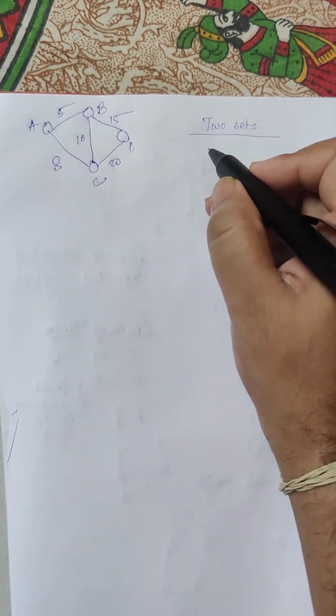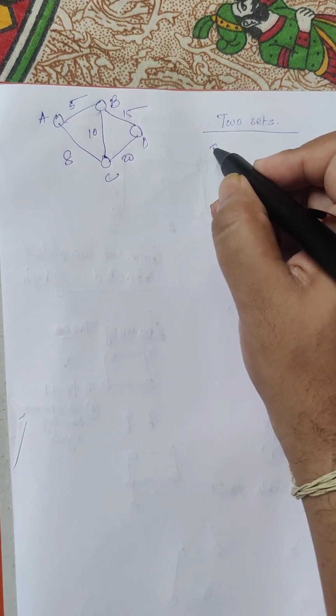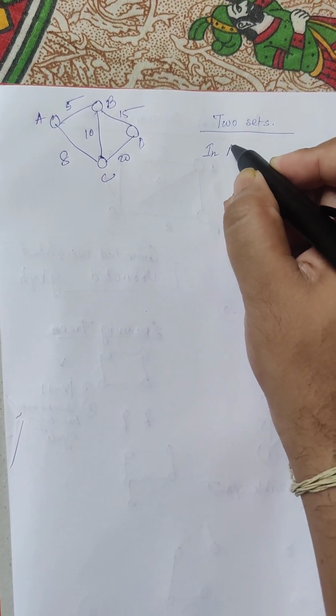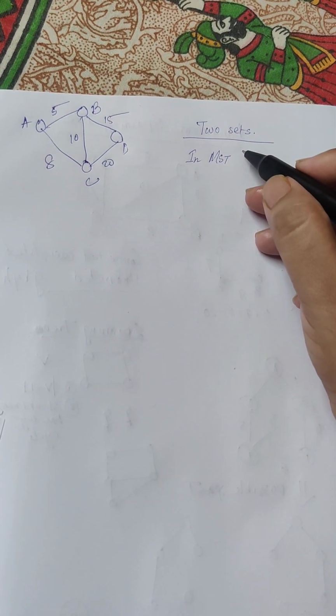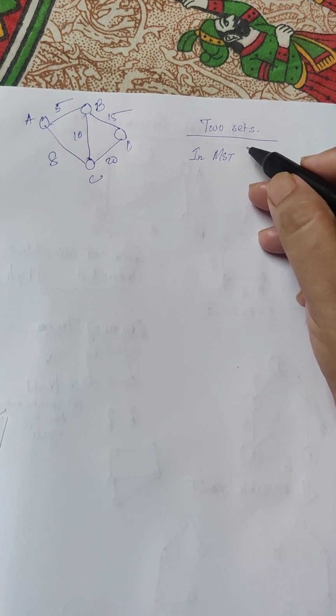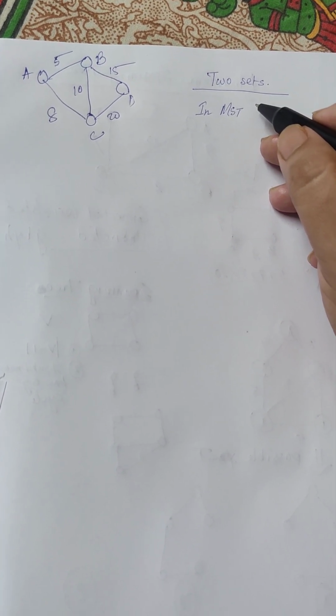So the first set describes who will be part of the MST. MST means which nodes or vertices will be responsible for creating the minimum spanning tree.